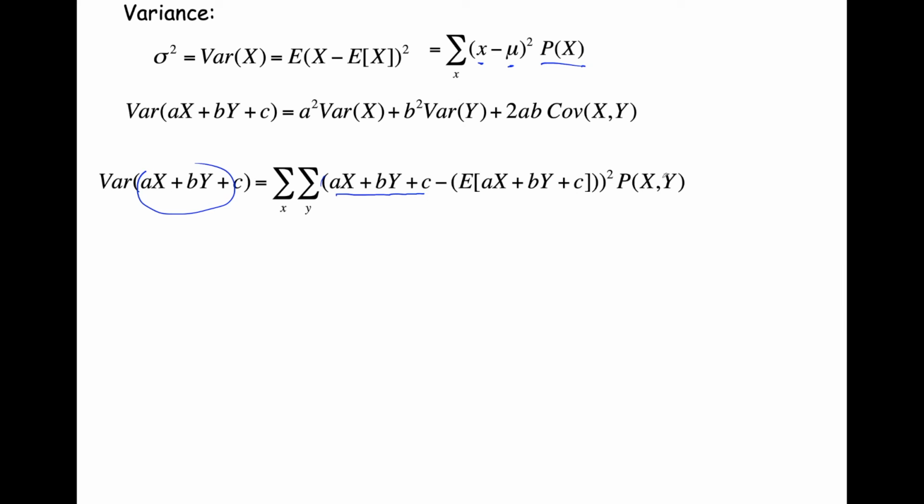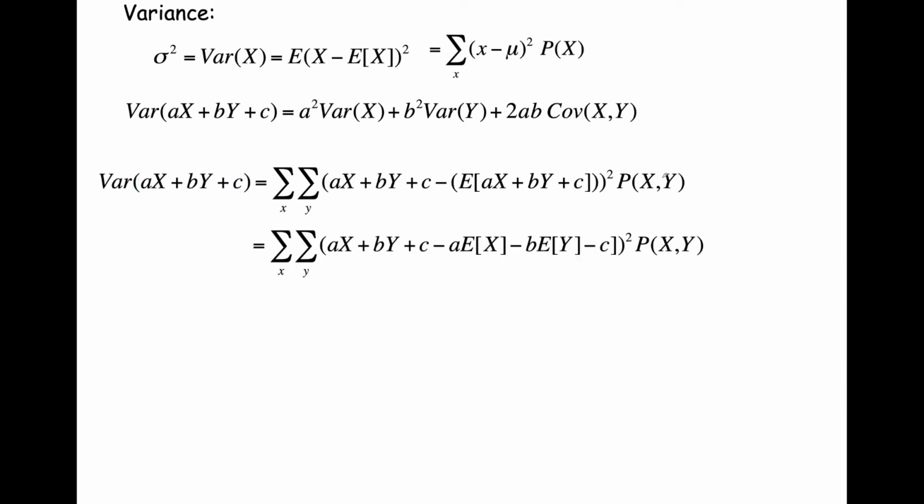Okay, so now let's take a look at the expectation. We just got done talking about linearity of expectation. So here we have E of ax plus by plus c. We negate it. That's nothing more than E of ax plus E of by plus E of c. We negate them, so we say minus a E of x minus b E of y minus c.